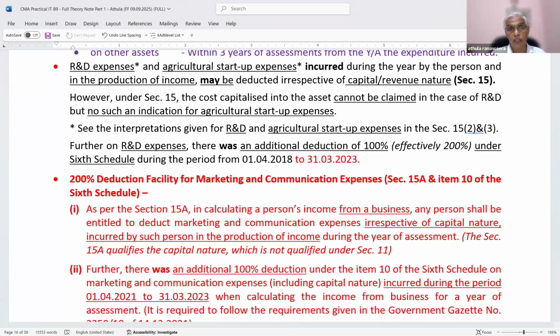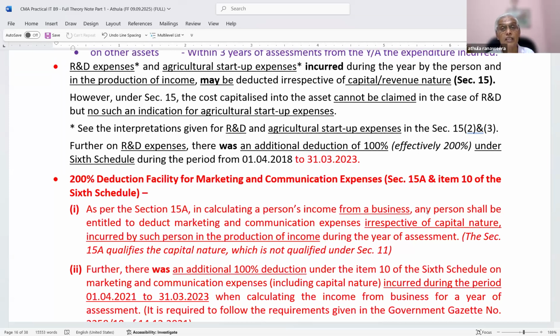Research and development is very much important for a country's development. Otherwise, when somebody starts some business, the other person also starts the same business. That is not a development. For development of a country, you need to do a lot of research and development, right?